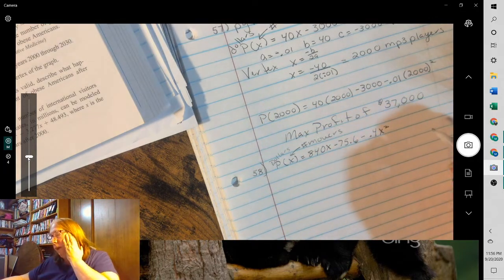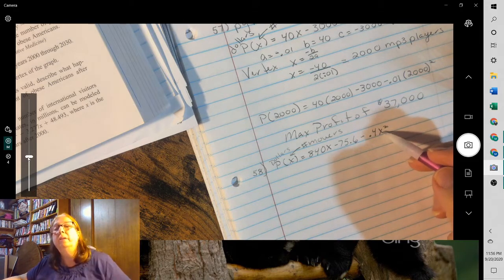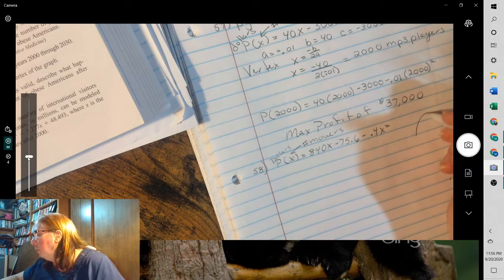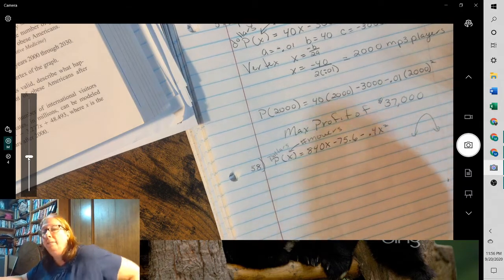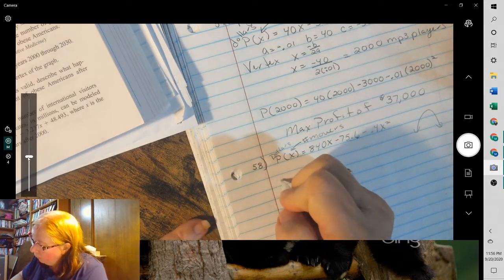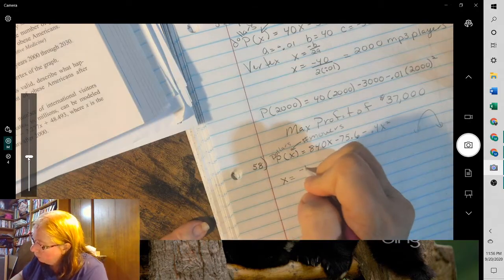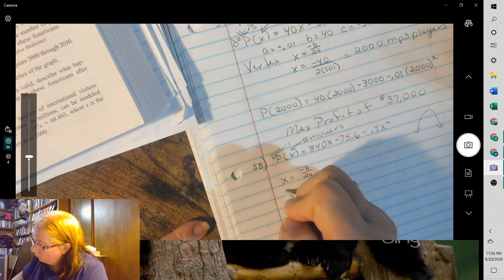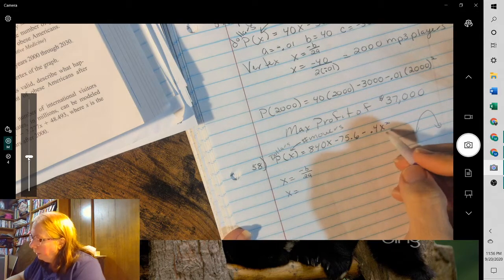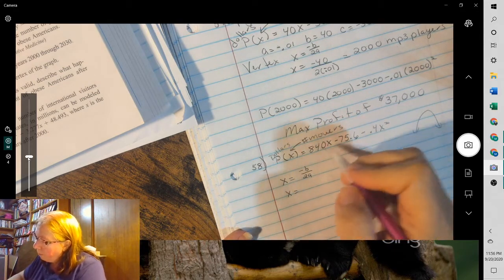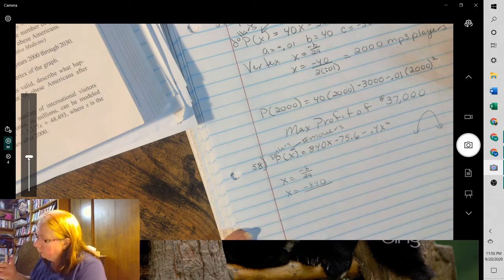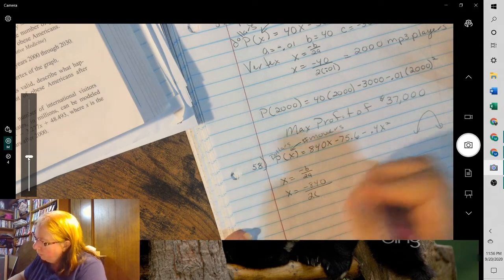They want us to find the maximum. Well, this is a parabola because it's squared, and the squared term is negative, so it is a parabola that's going down, so we can find a maximum, and it will be the vertex. So x is negative b over 2a. I'm going to plug that in. b is the 840 over 2 times a.